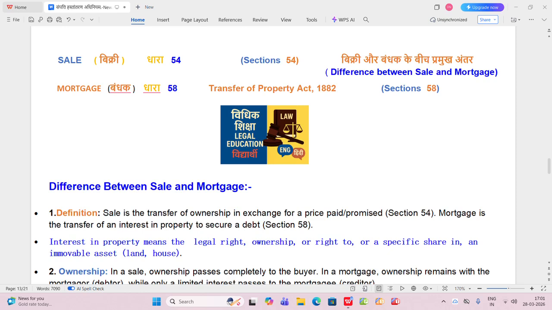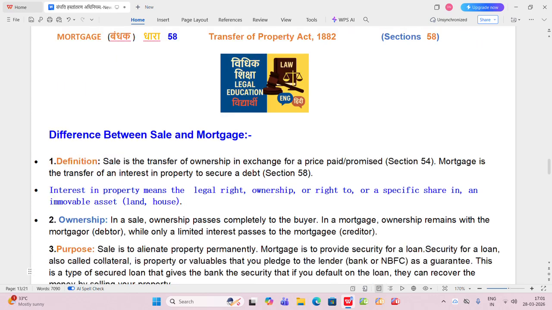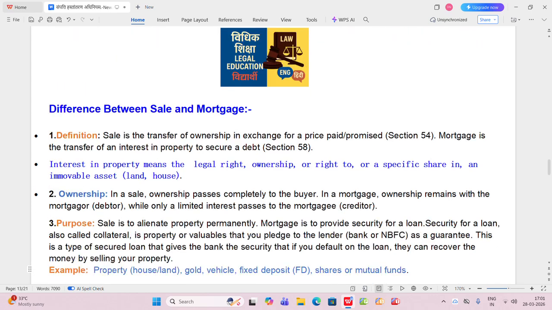Ownership. In case of sale, ownership completely passes to the buyer. Once a person purchases something, then all the rights are immediately transferred to the buyer. In mortgage, ownership remains with the mortgagor, debtor.